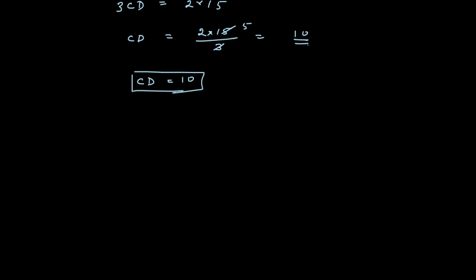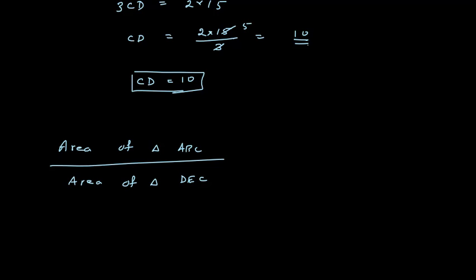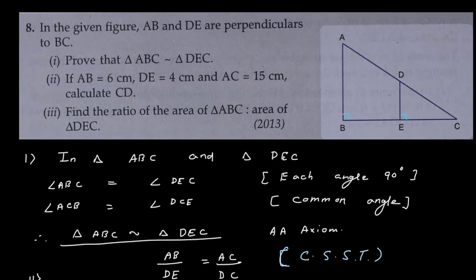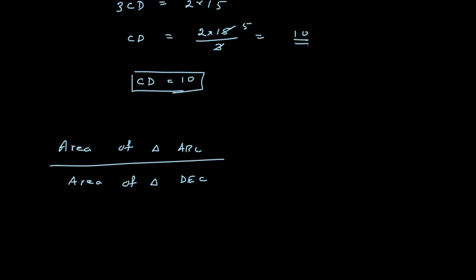Now, area of triangle ABC divided by area of triangle DEC. Now, ABC and DEC, they are similar. So this will be equal to the ratio of AB square divided by DE square.